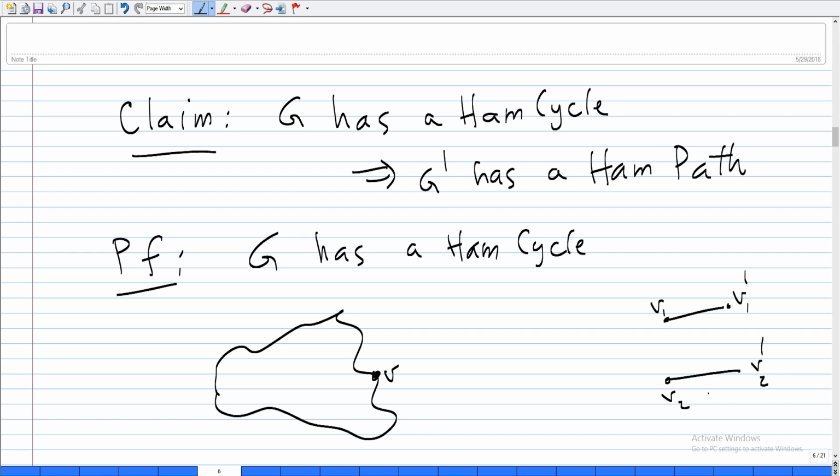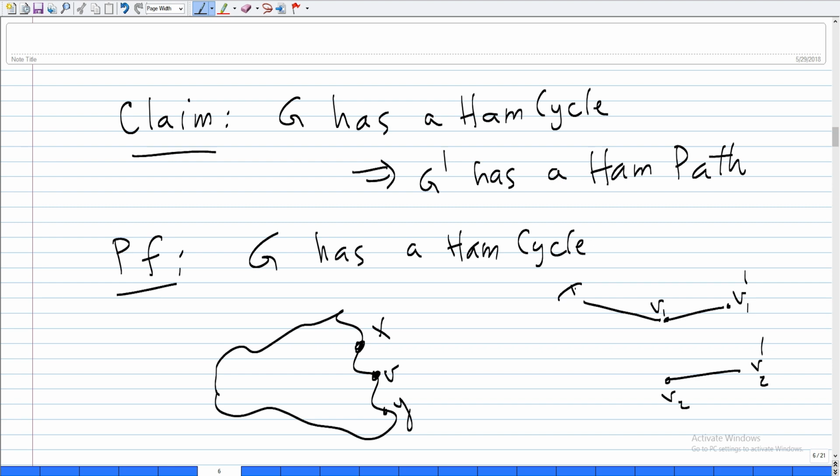So in this Hamiltonian cycle, V has two neighbors, X and Y. Remember, I am getting my Hamiltonian path from this Hamiltonian cycle. So V1 will go to X, but V1 may not be adjacent to X. V1 is adjacent to X. Why?